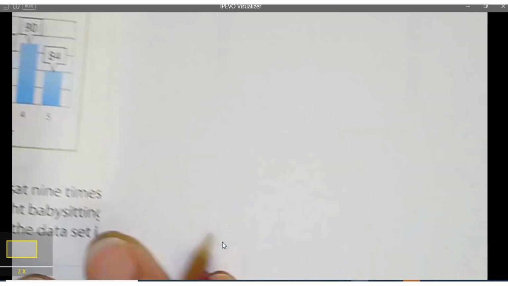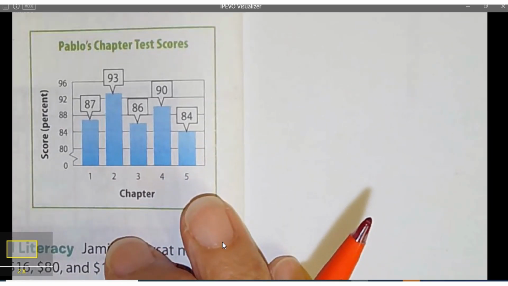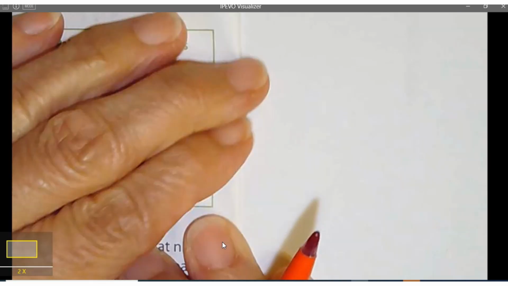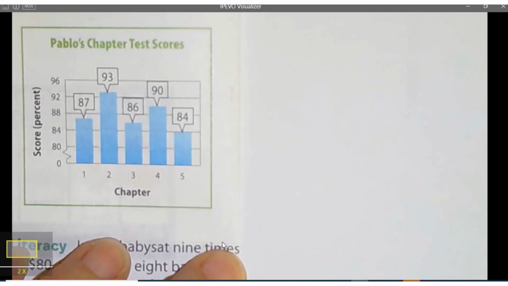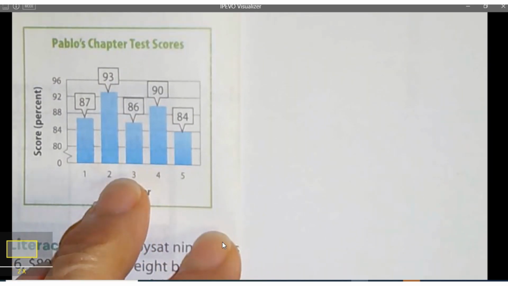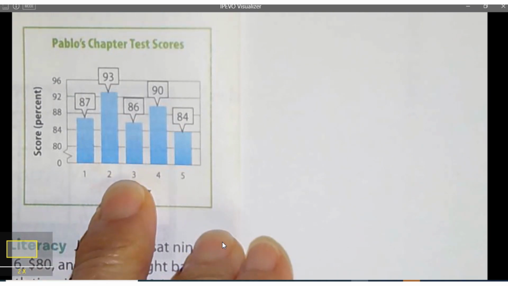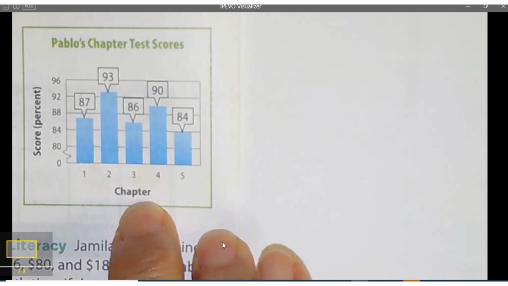So let me go ahead and put this right here so we can see that. All right, and remember when you're calculating the mean, you're going to calculate according to the number of data by adding all the data up, and then you take the number of pieces of data and divide it into that total number that you have.